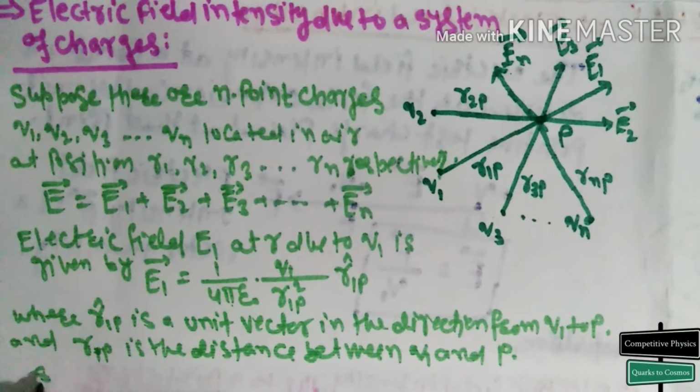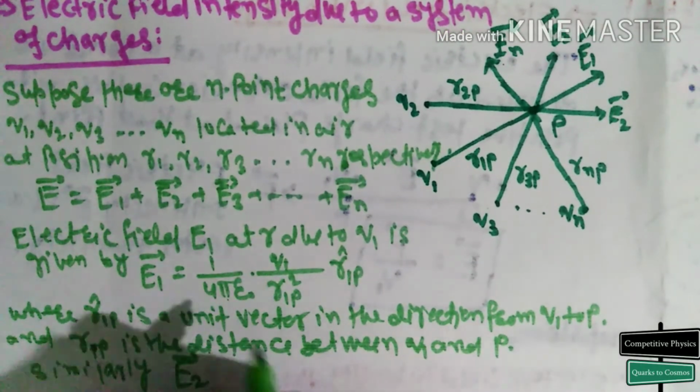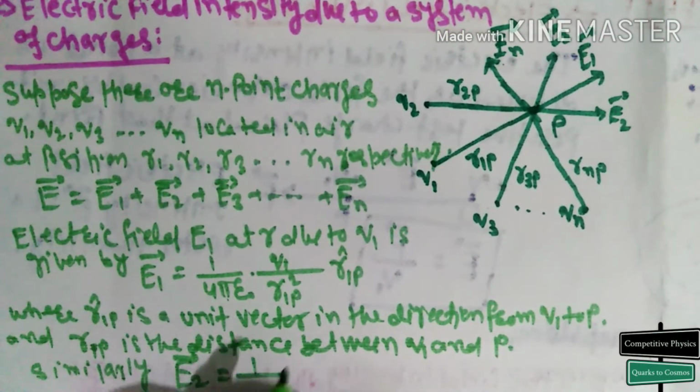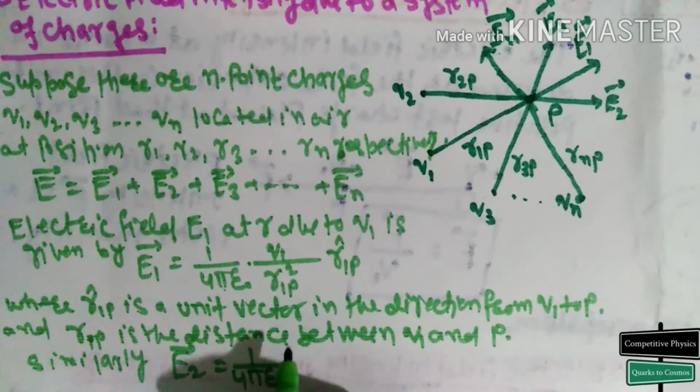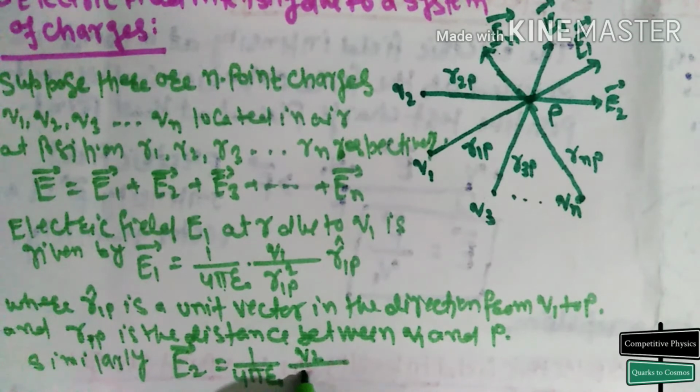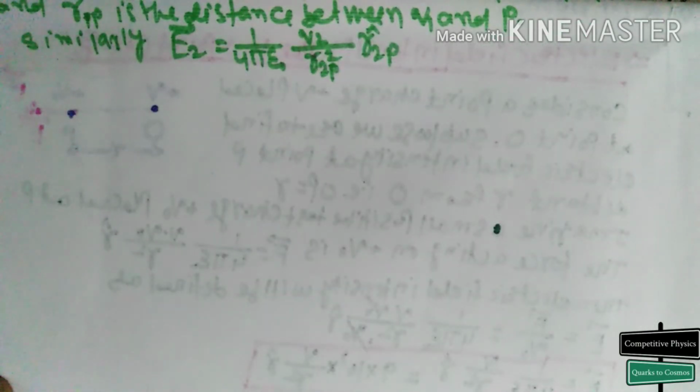Similarly, you have the expression for E2, and this will be 1 upon 4 pi epsilon naught Q2 upon R2p square R2p cap, where R2p cap is a unit vector in the direction from Q2 to P, and R2p is the distance from Q2 to P.